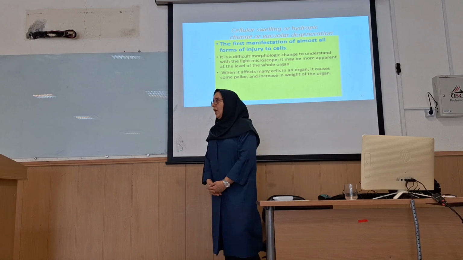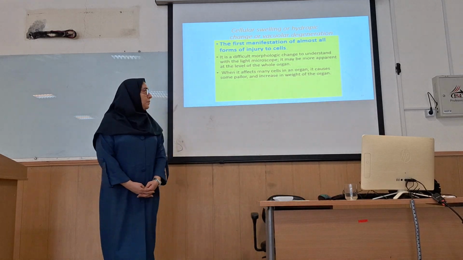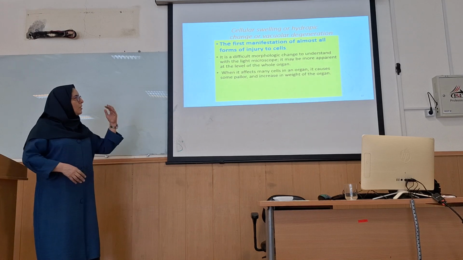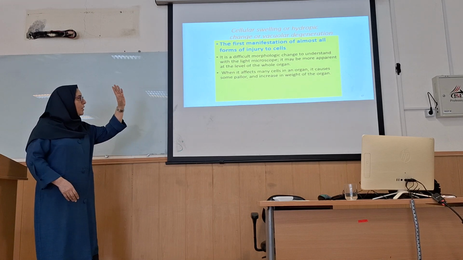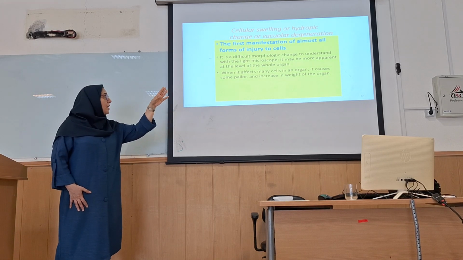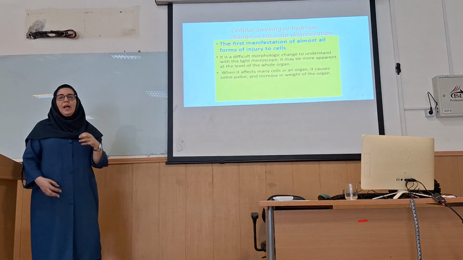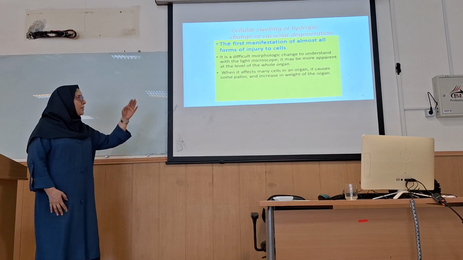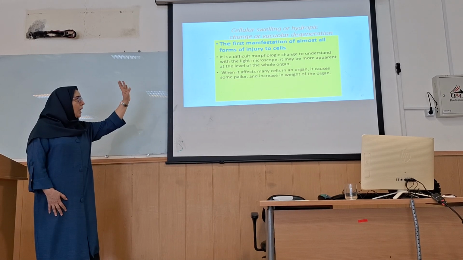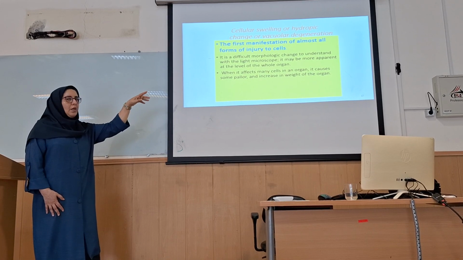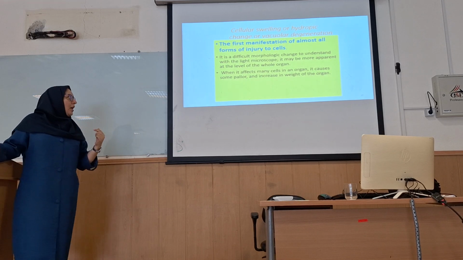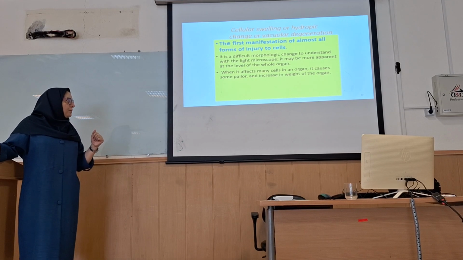So, cellular swelling is called hydropic change or vacuolar degeneration, because we have water vacuoles in the cytoplasm. It is the first manifestation of almost all forms of injury to the cell, so it is first and common after the etiologic agent.